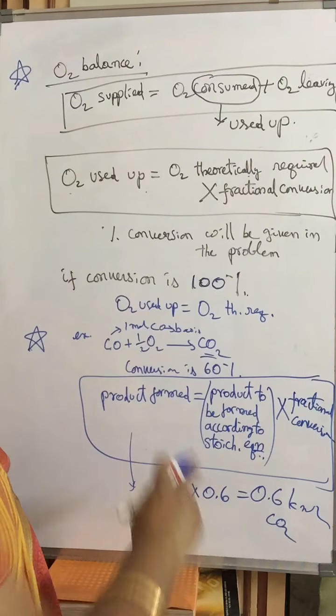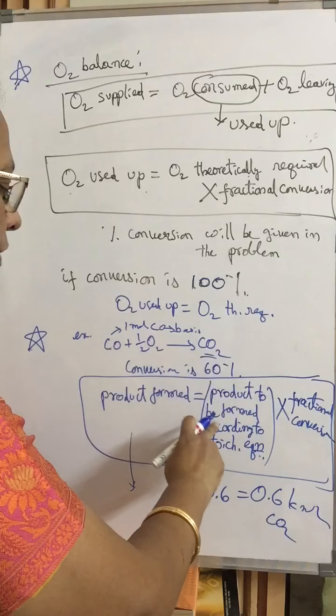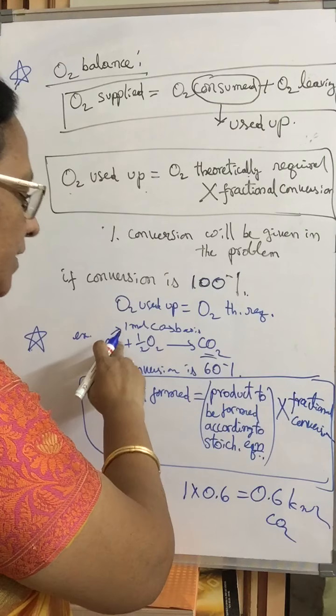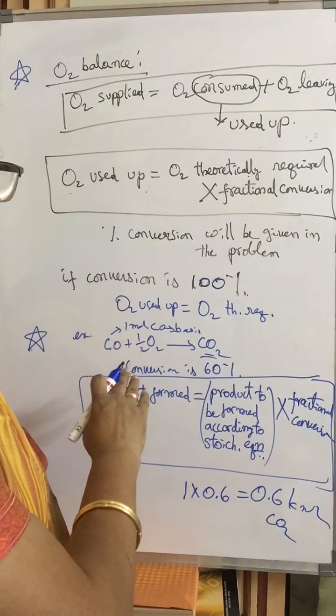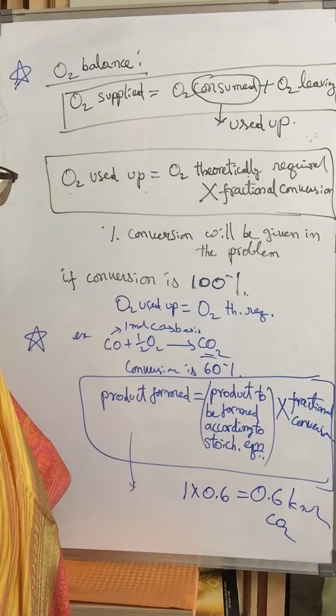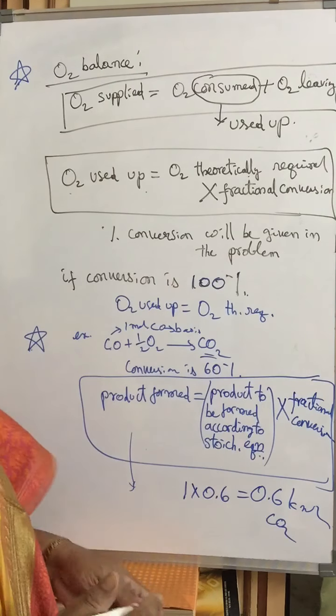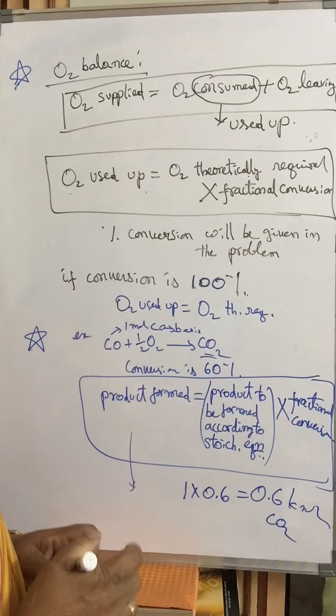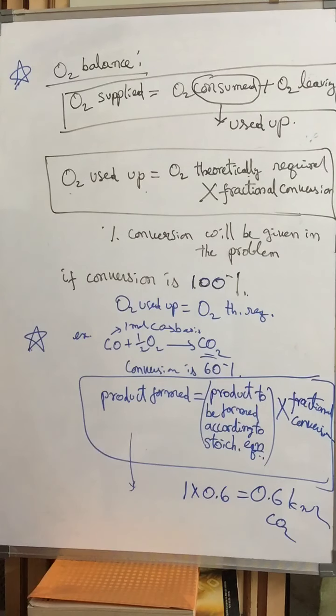So the product actually formed equals the product formed according to the basis, that is the stoichiometric equation, into fractional conversion. These are the basic calculations we have discussed. Next class we will start the problem. Thank you.